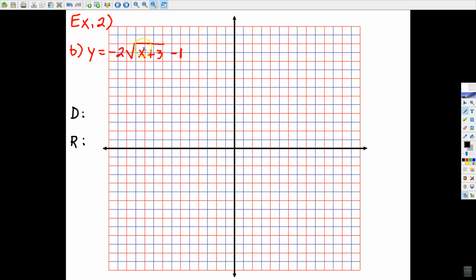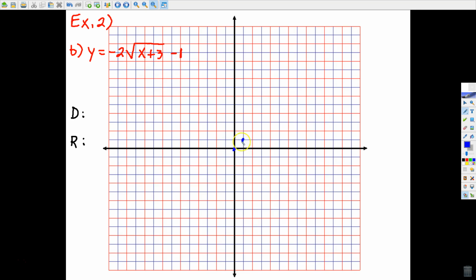Here's letter B. This time a little different because my A number is not just 1. So this is just going to add another step. But once again, I'm going to use the points from the parent function as a reference to come up with this function graph.